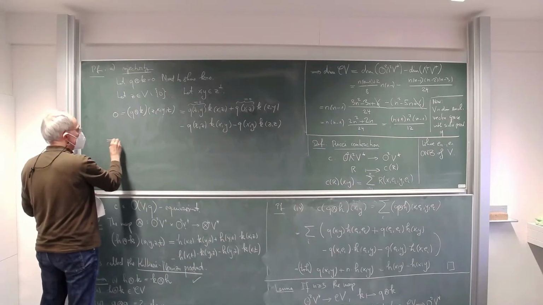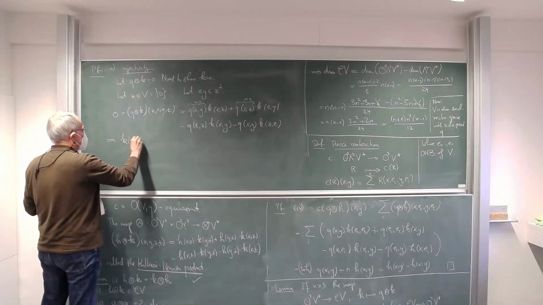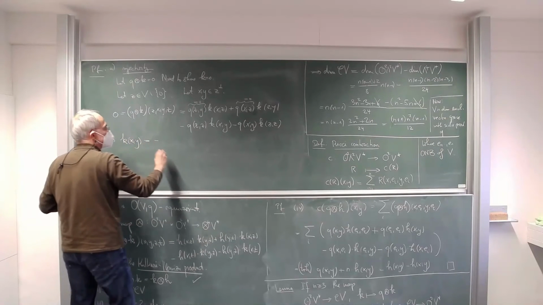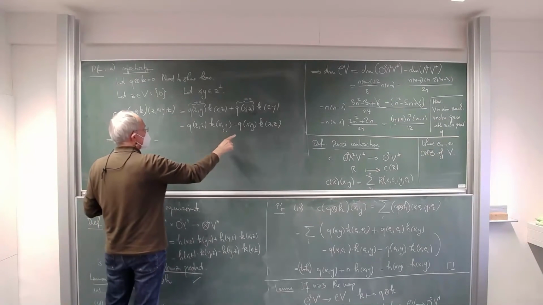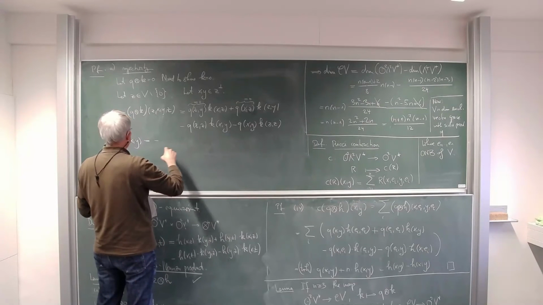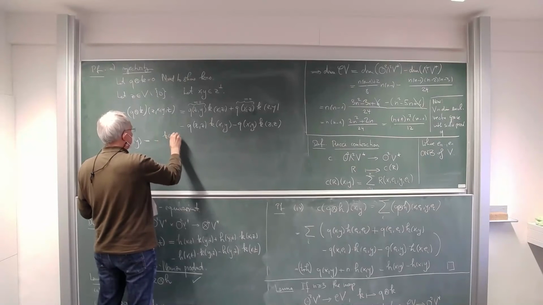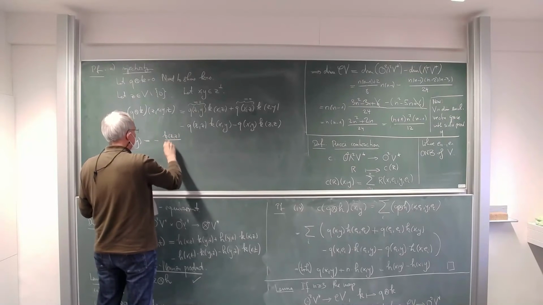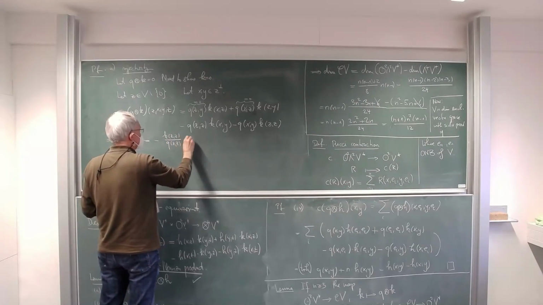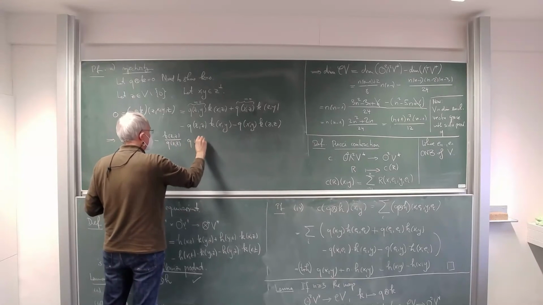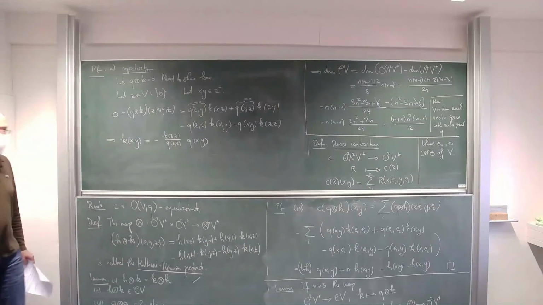So therefore, k of x, y equals minus k of z, z divided by q of z, z times q of x, y.